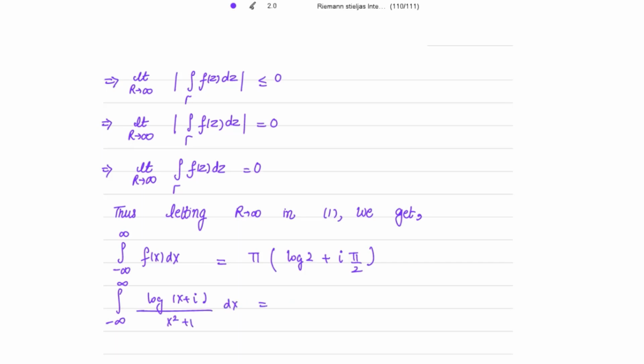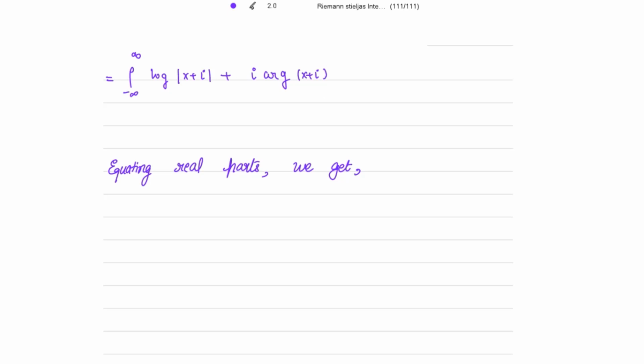Taking pi inside, this is equal to pi log of 2 plus iota pi squared by 2. And this is the integral from minus infinity to infinity of log of (x plus iota). The formula is log of mod of z plus iota times the argument of z, where z here for this formula is x plus iota.